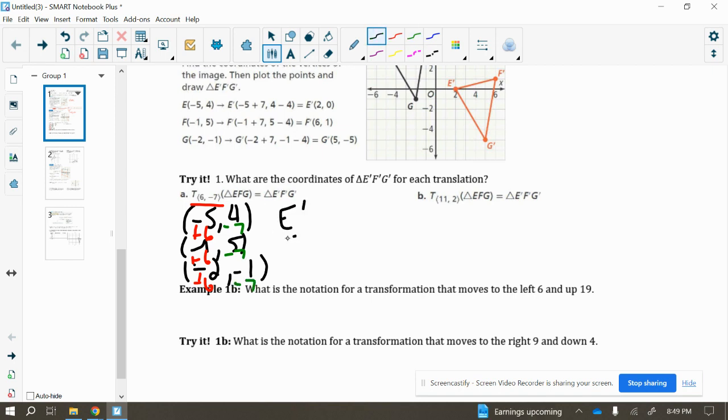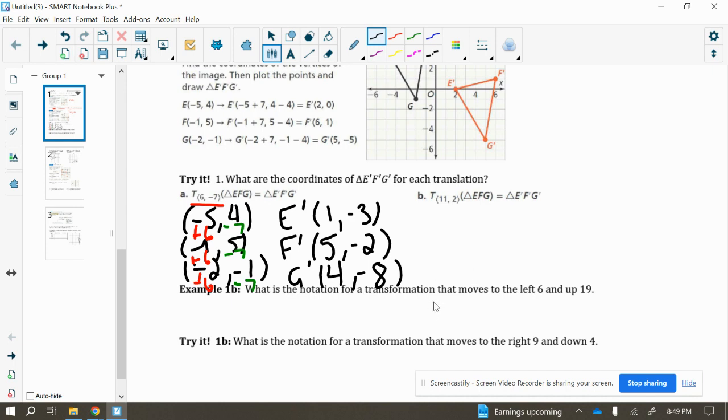So again, E prime, F prime, and G prime are new points. If we add 6 and subtract 7, we would be at 1 comma -3. -1 plus 6 is 5, minus 7 is -2, and then G prime, add 6, we would be at 4 comma -8.